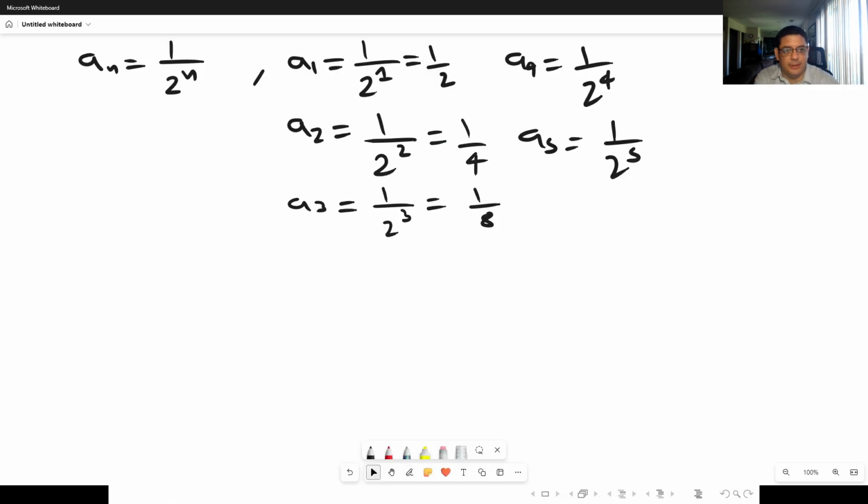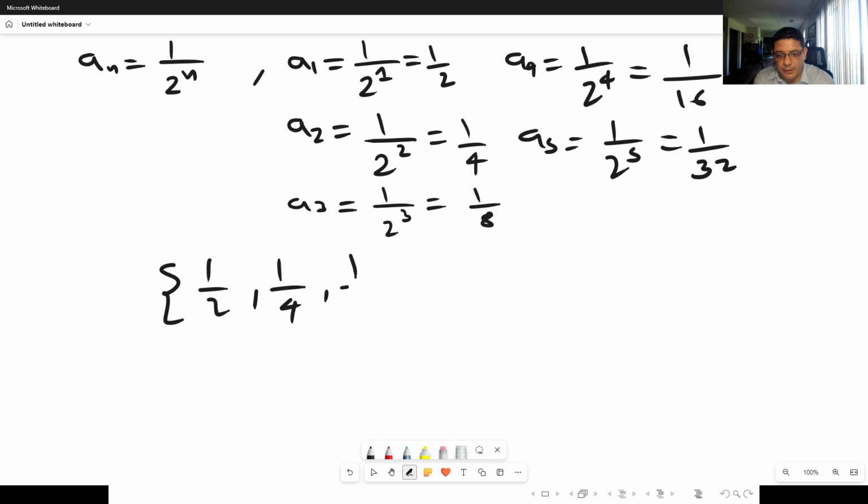And it's very important to know these patterns, because sometimes these patterns are going to be presented to you as a set. So for example, I can give you this sequence: 1/2, 1 over 4, 1 over 8, 1 over 16, 1 over 32.